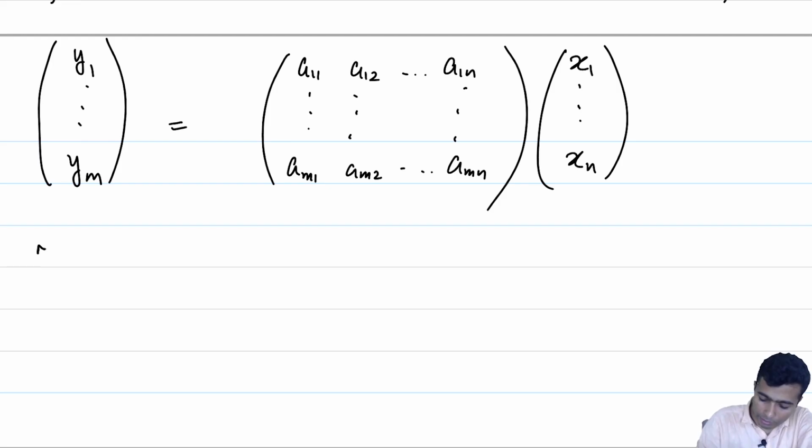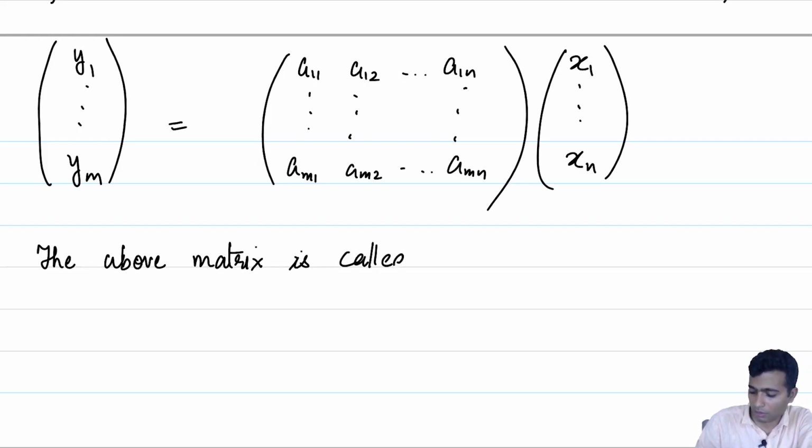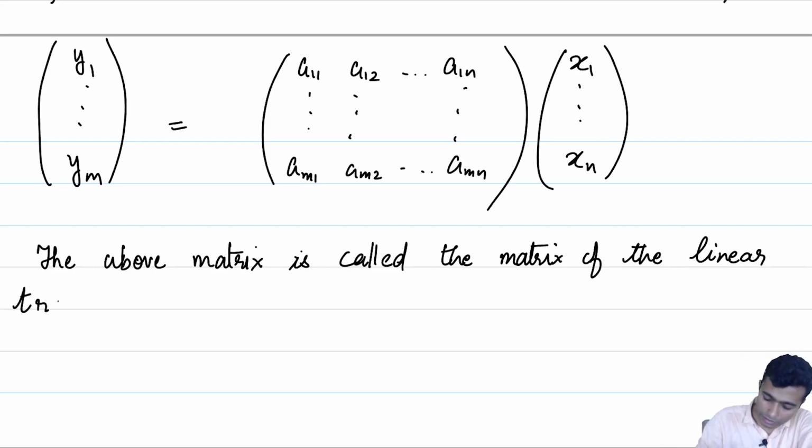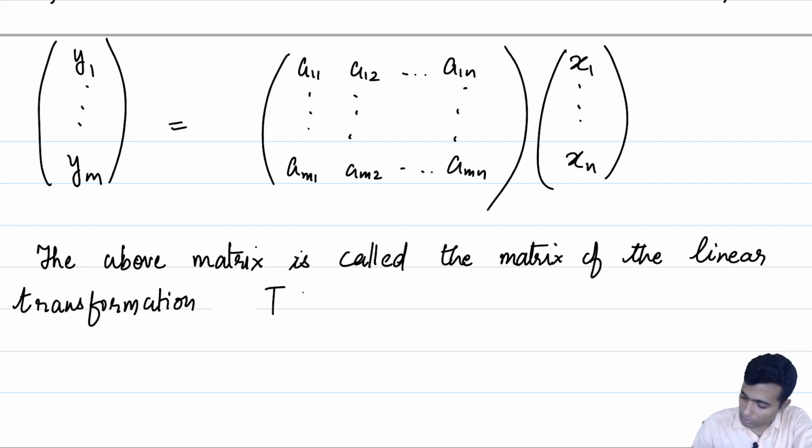The above matrix is called the matrix of the linear transformation T with respect to beta and gamma. Observe that this matrix very heavily depends on what beta and gamma are.